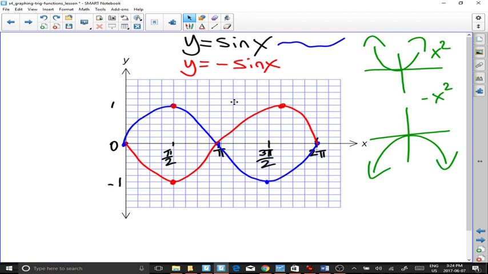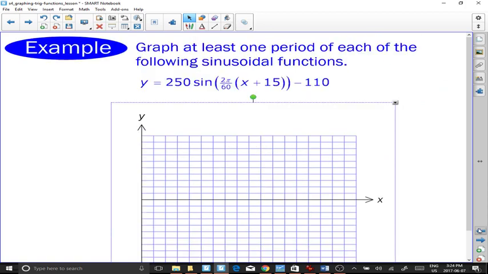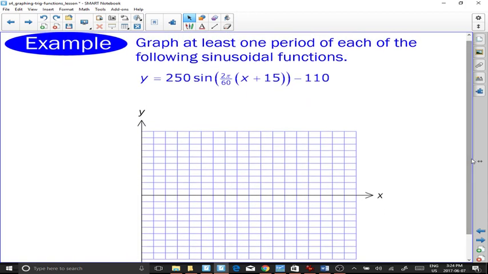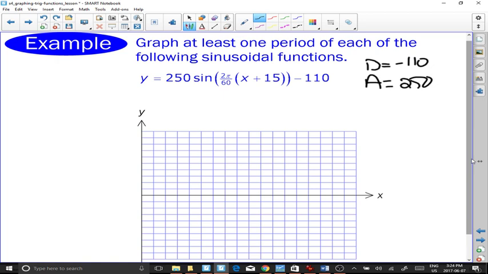Now, we do have one more question to do. Let's do it. One period of this. So we'll start off with D. D is negative 110. A is 250. And we don't have to worry about factoring out the B because the B is already factored out, which is nice.